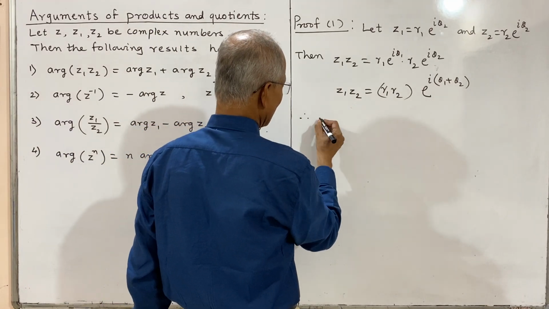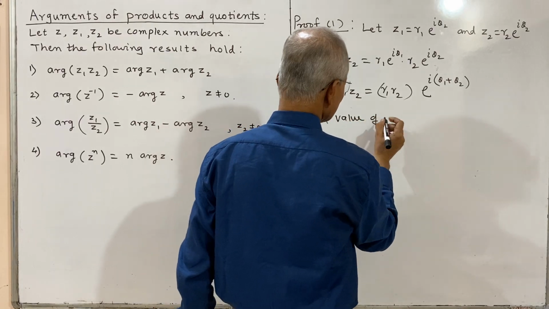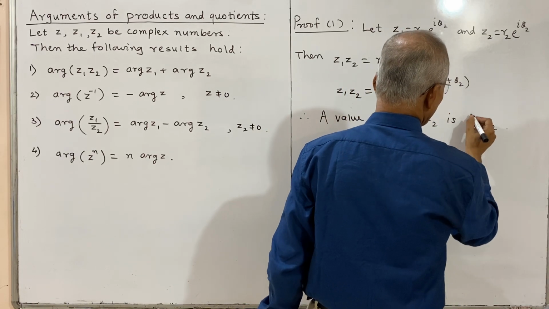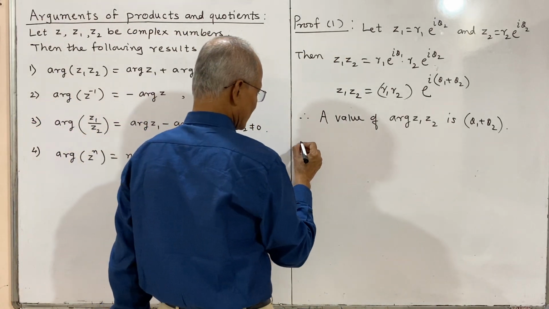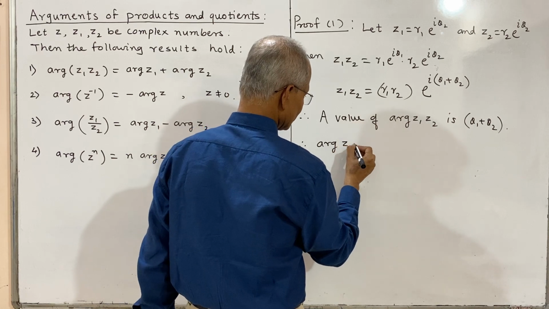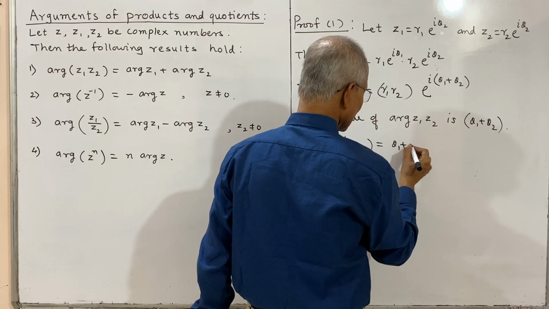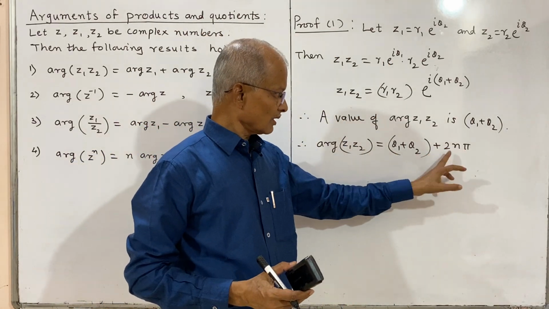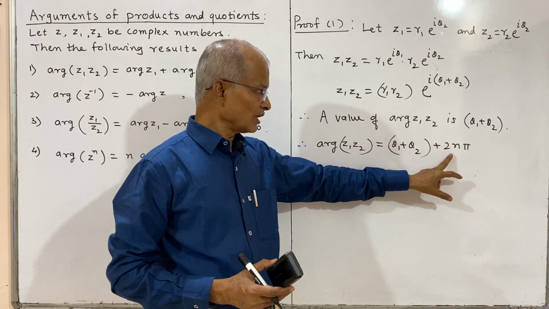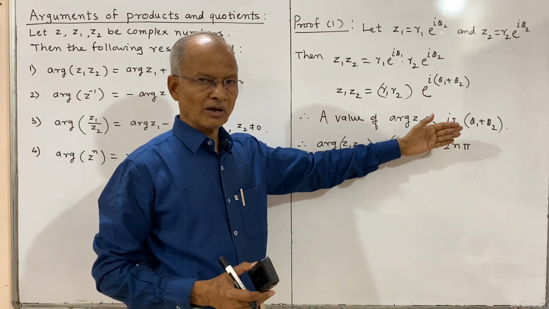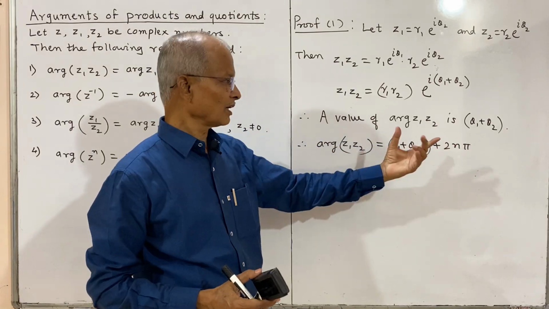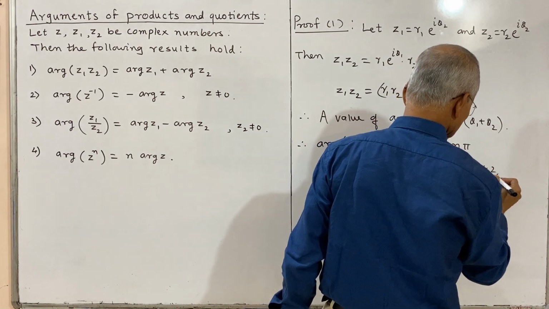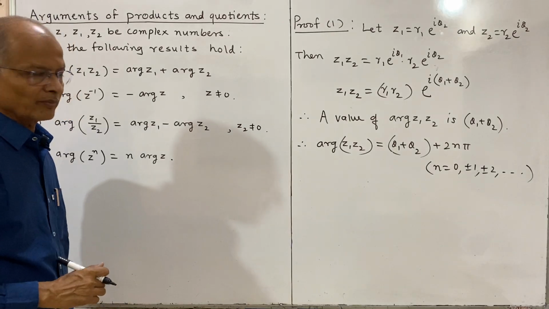So a value of argument z1 z2 is theta 1 plus theta 2, and all the values of argument z1 z2 will be theta 1 plus theta 2 plus 2n pi, because if the angle is increased or decreased by a multiple of 2 pi, we get the same position, and therefore the argument remains the same, where n is equal to 0, plus minus 1, plus minus 2, etc., any integer. This is the value of argument of z1 z2.